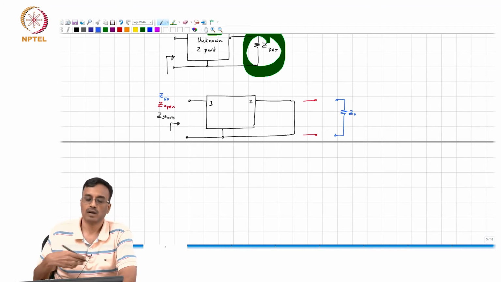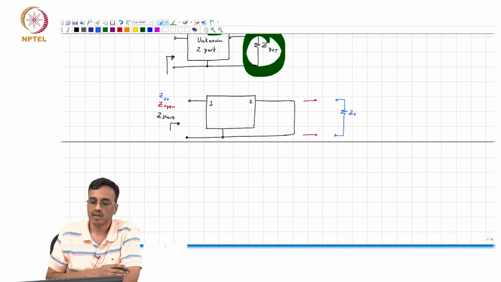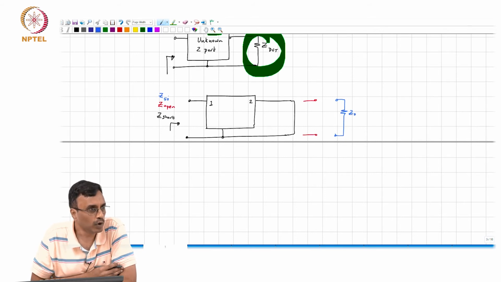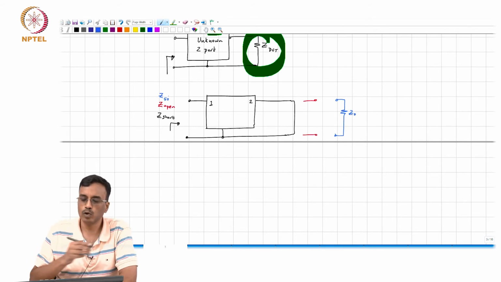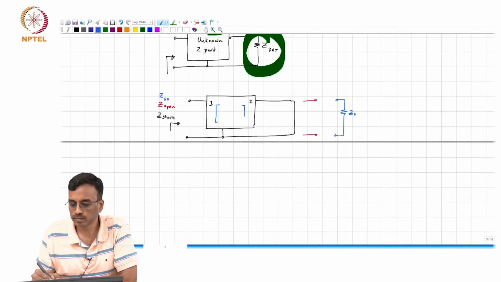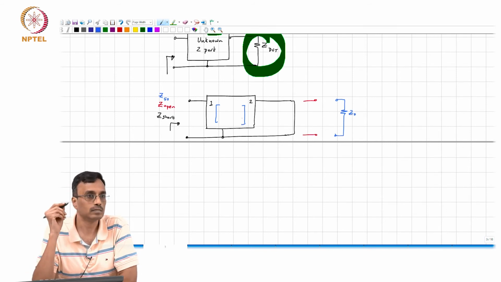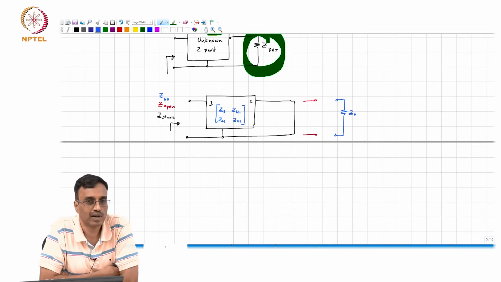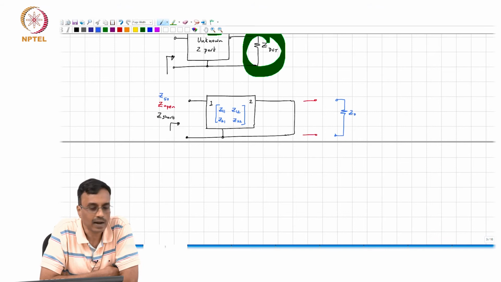Basically, if you know Z short, Z open and Z50, you will in principle be able to find the Z parameters of this unknown 2-port. If you do not like the Z parameters, you can find the S parameters, it does not matter. But bottom line, you will know what that unknown 2-port is.